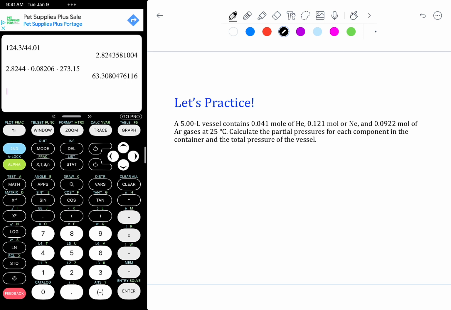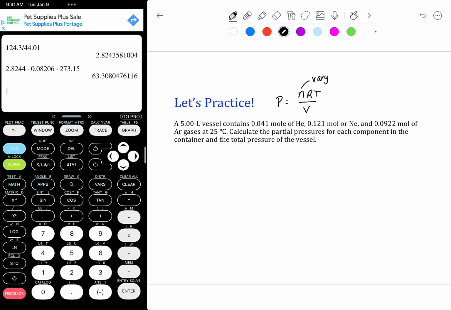So what we're going to do here is similar to what we saw with nitrogen and oxygen gas in our previous examples, where we want to solve for pressure using nRT over V. I just rearranged our PV equals nRT equation to solve for pressure. Except each n is going to vary for each of these calculations.